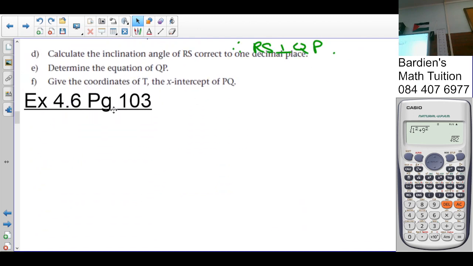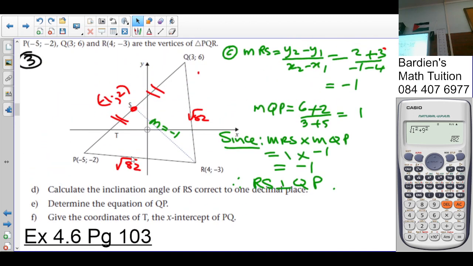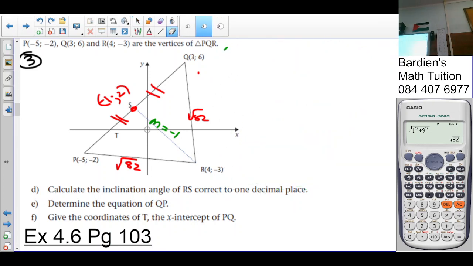D. We are asked to calculate the inclination of RS to one decimal place. The inclination of RS. So in other words, they want you to work out that angle there, not so? So let's call that theta for now.